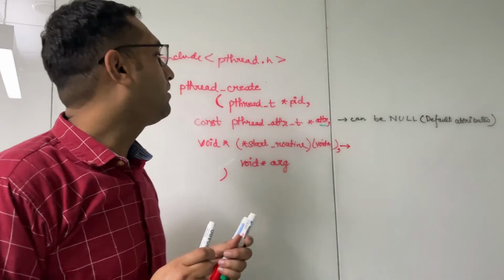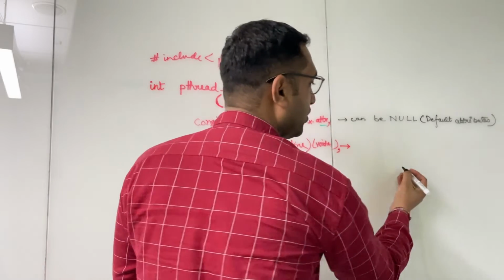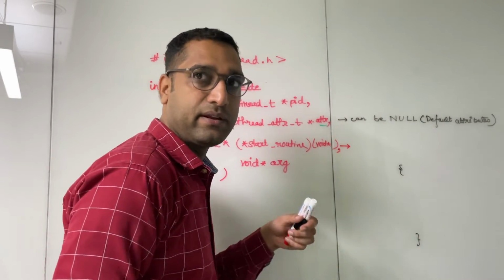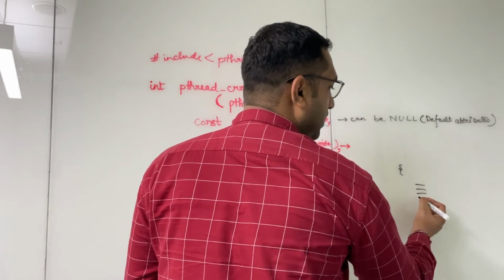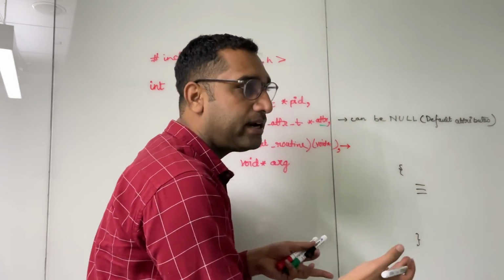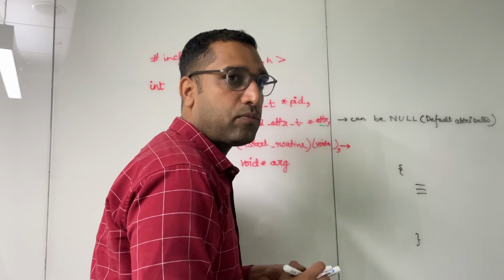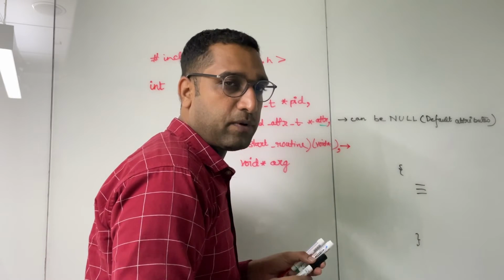Okay. Then we have a start routine. Let's say you had some code that must have started somewhere at main. You reach some point and you decide that at this point in execution, a new thread should be spawned and take up some particular task that it should perform.